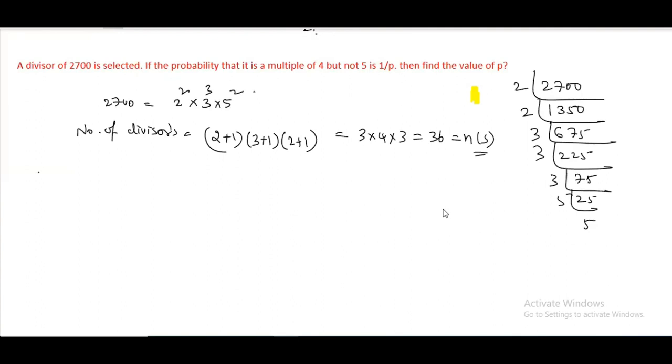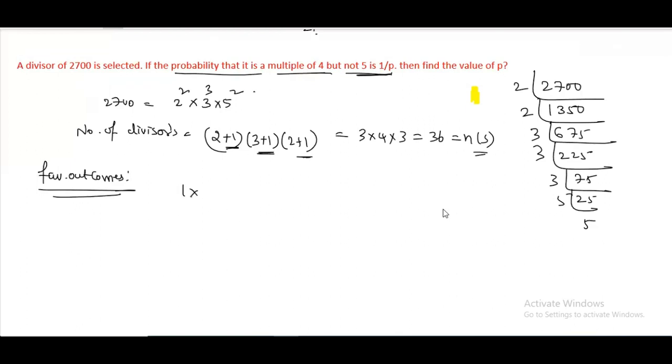Now, what did they tell about the favorable outcomes? The probability that it is a multiple of 4 but not 5. So we should not select the factor 5. We can select only the 5's in one way, so 1 way for 5, 4 for the 3's, and 1 way for 2.